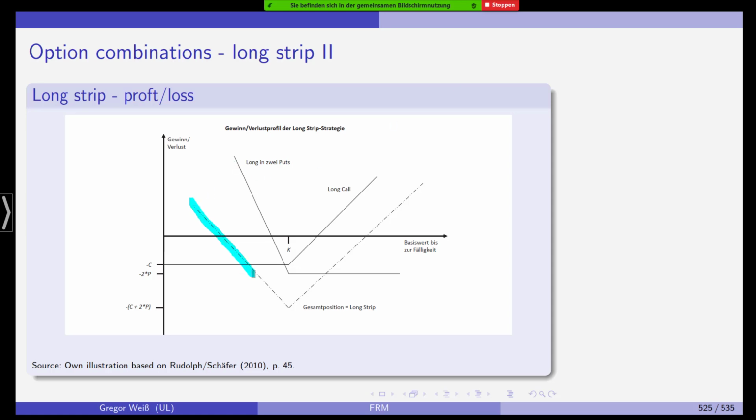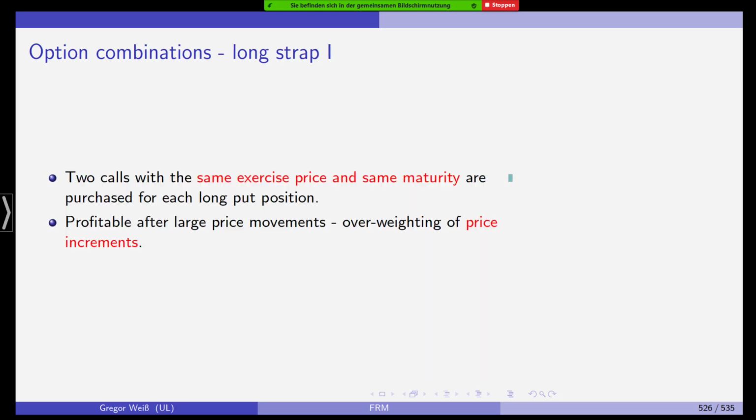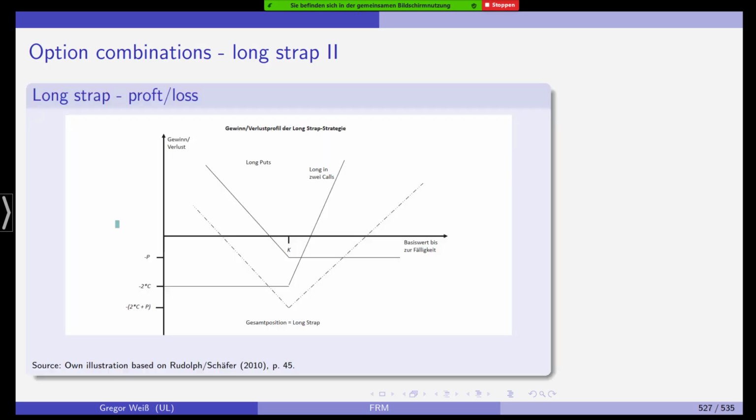It's more extreme and slightly different than the strangle. And we have a long strap: two calls with the same exercise price and same maturity, purchased for each long put position. And this is profitable again after extreme price movements. And this is the long strap position.